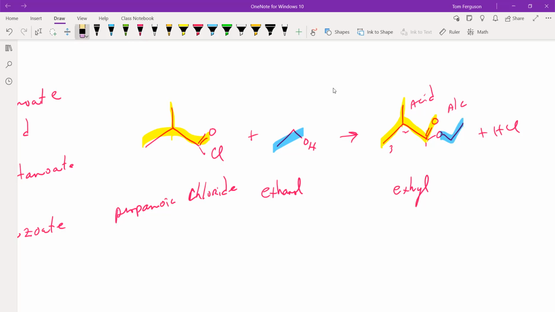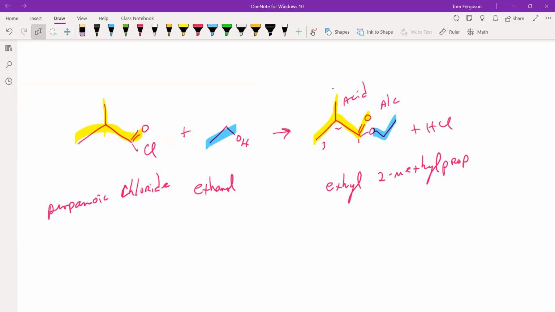It's going to be 2-methyl propanoate. Okay, so this is the alcohol part, and this is the acid part.